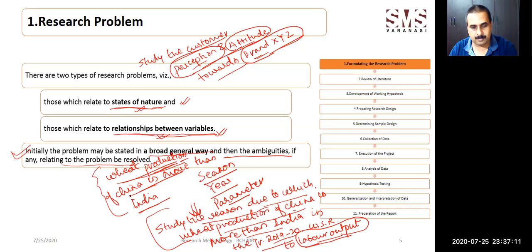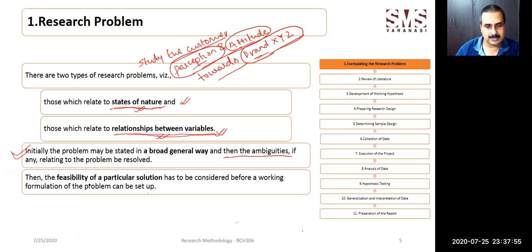Now, moving ahead, the feasibility of a particular solution has to be considered before working on the formulation of the research problem. We have already identified what are the reasons due to which China's wheat production is more. So we have to understand what feasible solutions will be able to complete that research.